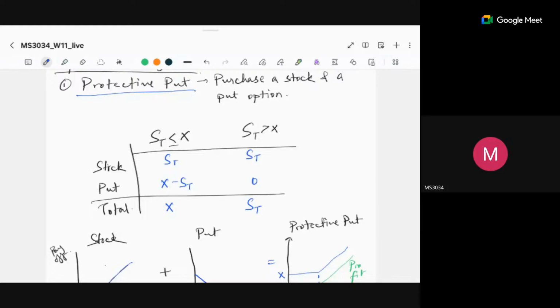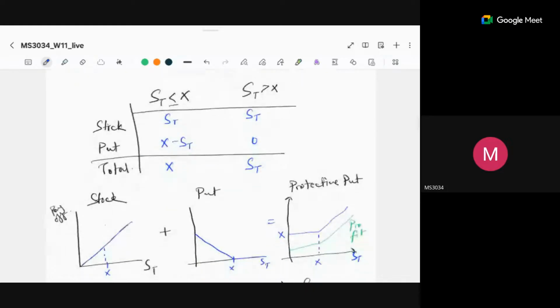My stock value will be the same, because the stock value is whatever the price of the stock is at that time. So in both cases, the stock value is capital ST. But my put option payoff will be X minus ST if it is less than the exercise price. In the other case, it is zero. So overall, my payoff is X minus ST. So I have somehow put a bar on my maximum loss. So these are my payoffs.